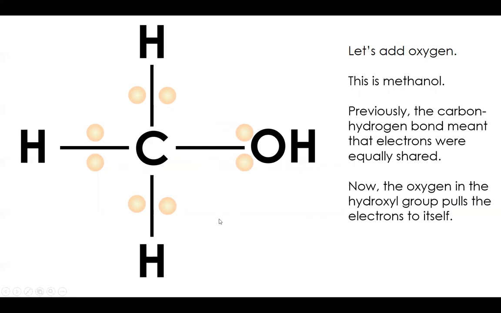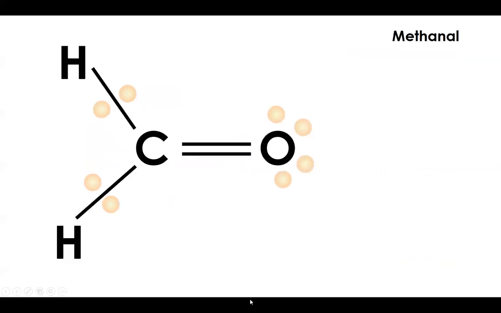So now our carbon is oxidized and oxygen is reduced. The reason I said this may be a little bit difficult to see is if you're just looking at the structure of methanol, you may not think about exactly where the electrons are because this bond still exists. But the trend that we're going to look for is the more bonds with oxygen, the less electrons carbon can actually have. So we can keep going with this and keep adding oxygen into this equation.